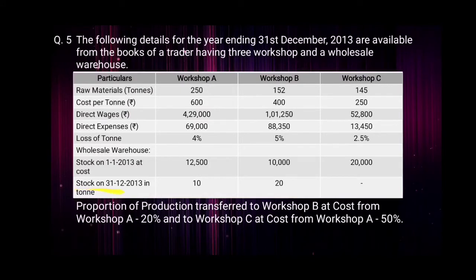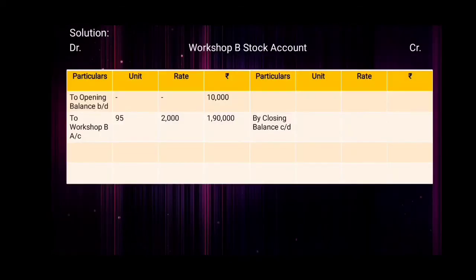Next, stock on 31st/12/2013 in ton for workshop B is given as 20. By closing balance carried down, 20 at the rate of rupees 2000, total amount will be 40,000.